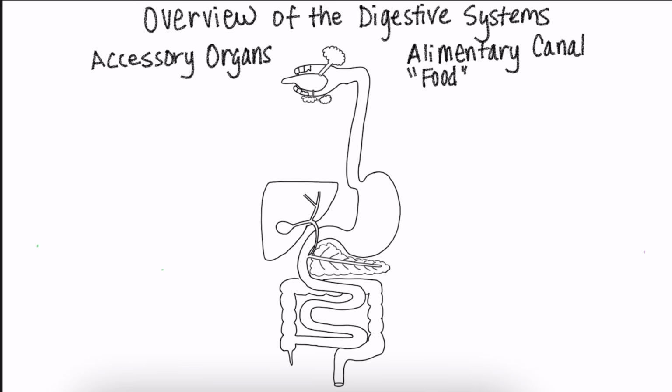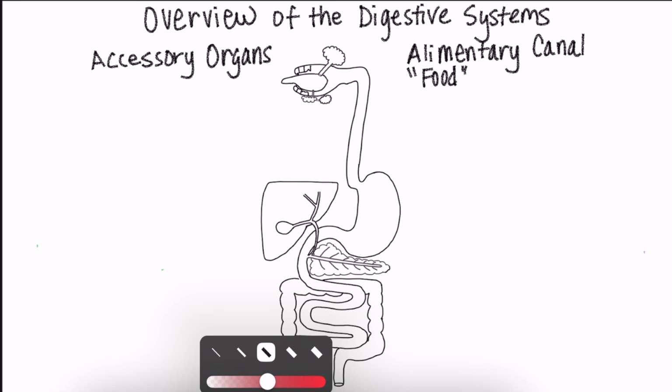So let's go ahead and we'll use kind of like a red-pink for all of the alimentary canal organs, and we will use, I guess, blue for all of the accessory organs.